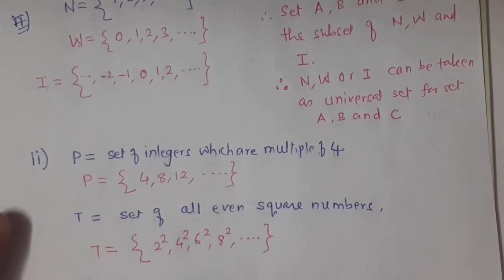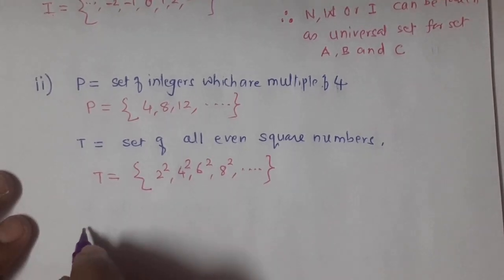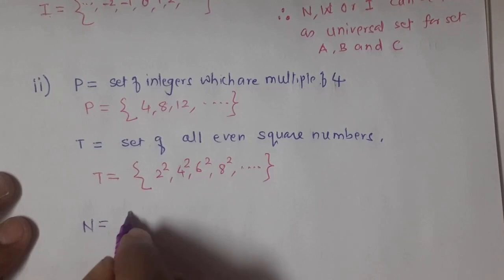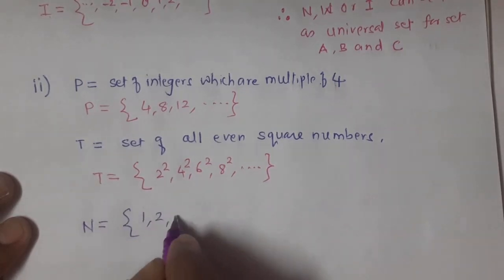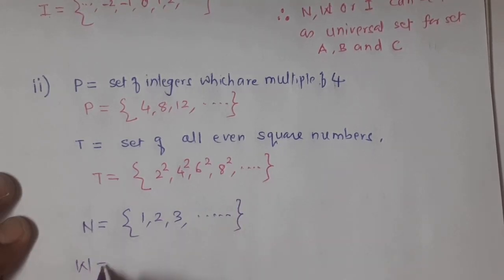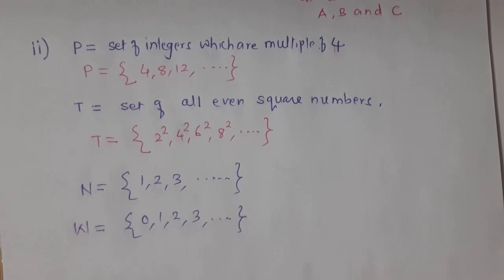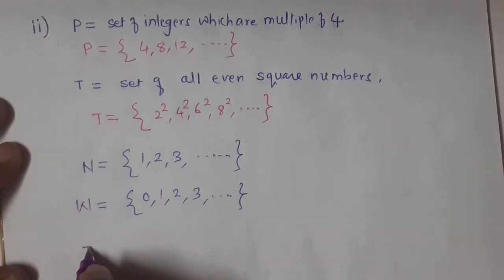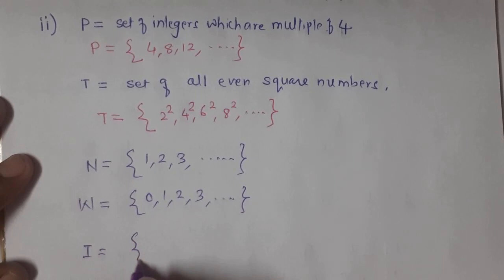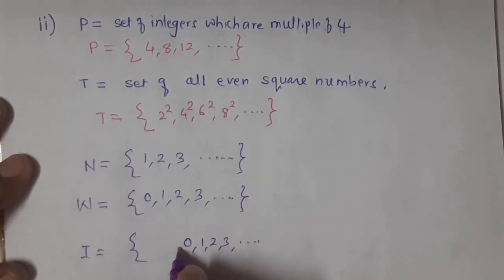Again you know that you have the set of natural numbers, which comprises 1, 2, 3 and so on. You have the set of whole numbers, which comprises 0, 1, 2, 3, and the set of integers, which comprises the positive integers 0, 1, 2, 3 and so on, and the negative integers -1, -2 and so on.